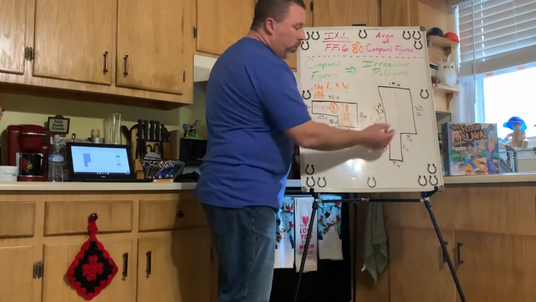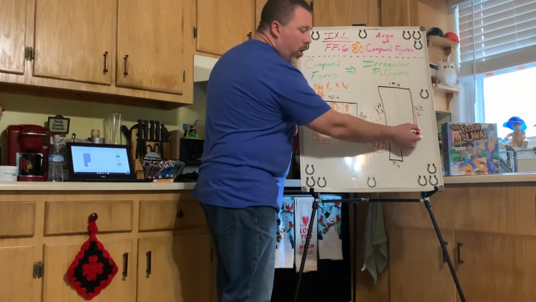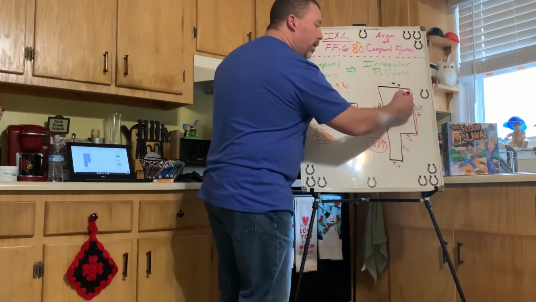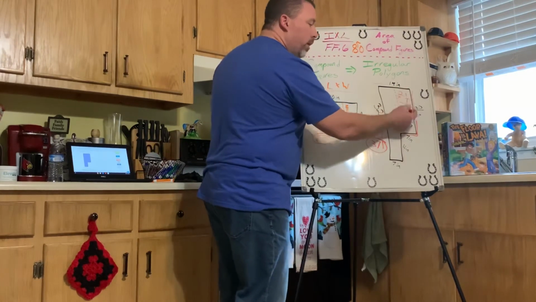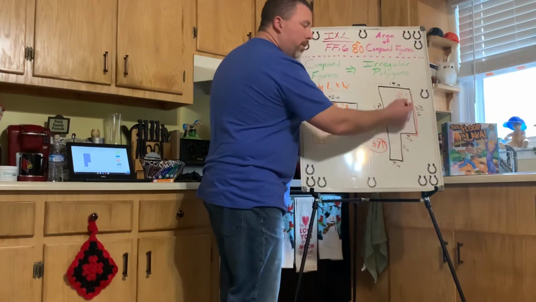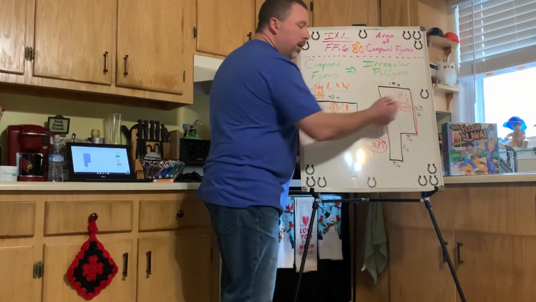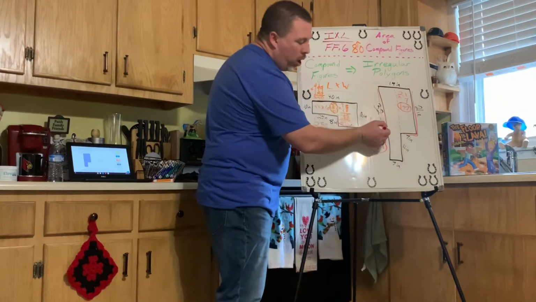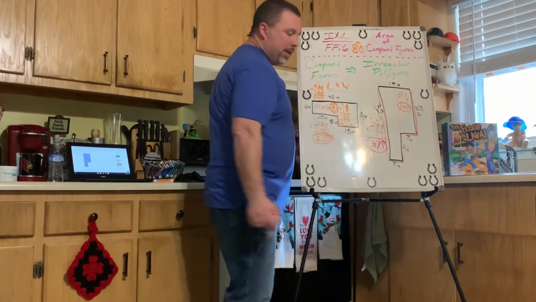This rectangle is 21 long by 7 wide. So 21 times 7. 1 times 7 is 7. 7 times 2 is 14. That gives us 147.